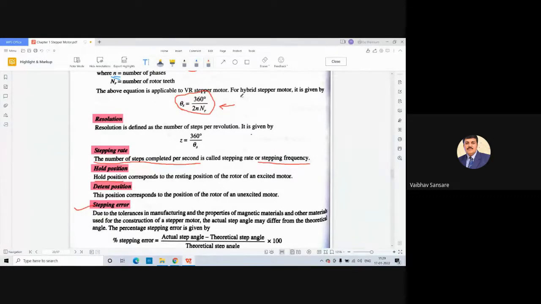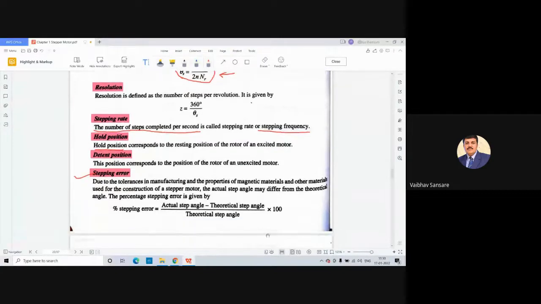The percentage stepping error is given by actual step angle of a motor minus theoretical step angle, divided by theoretical step angle. We calculate this percentage stepping error similar to the percentage limiting error or percentage relative limiting error in the measurement process.